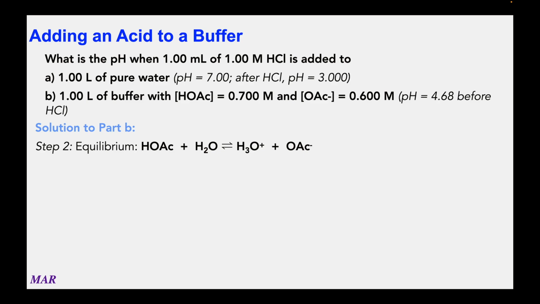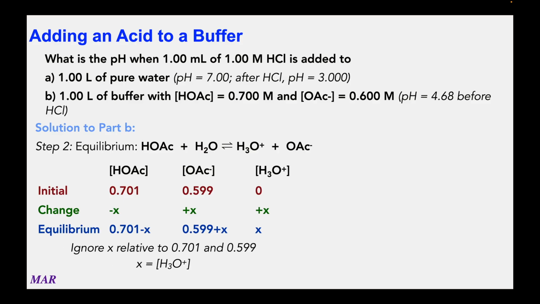So at this point, we're going to go back to that acetic acid and water, making hydronium and acetate. We'll use the same things, but with our new values. So we're going to end up with 0.701 minus x, 0.599 plus x, and x. We can ignore that little x relative to 0.701 and 0.599 like we did in the last one, and we'll basically just solve for x, the hydronium.